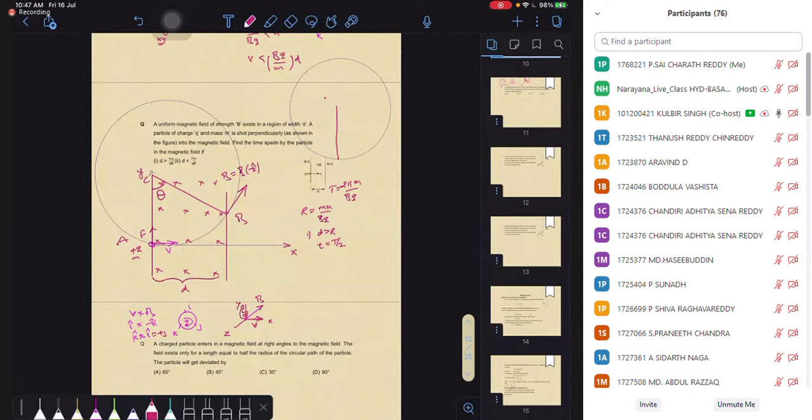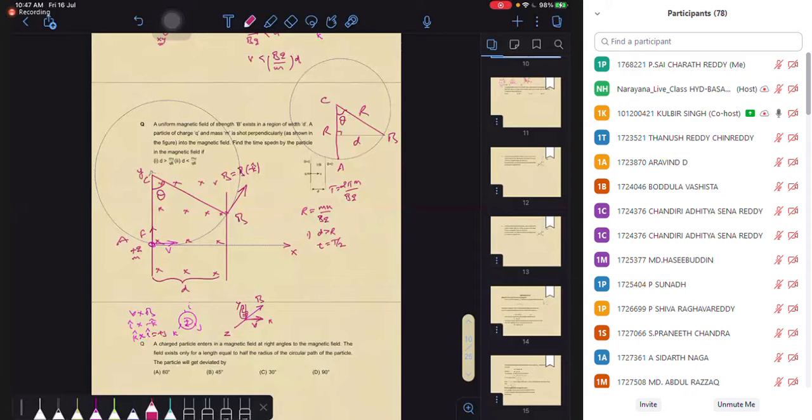How do I find theta? I know from A to B, this is my radius, correct? I also know A to B, this is my D, because only up to this part there is a magnetic field. After B, there is no magnetic field. So D is given, the radius I know. Can you find theta or not?